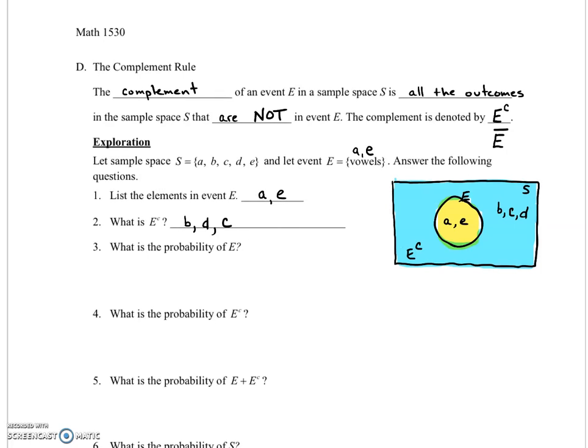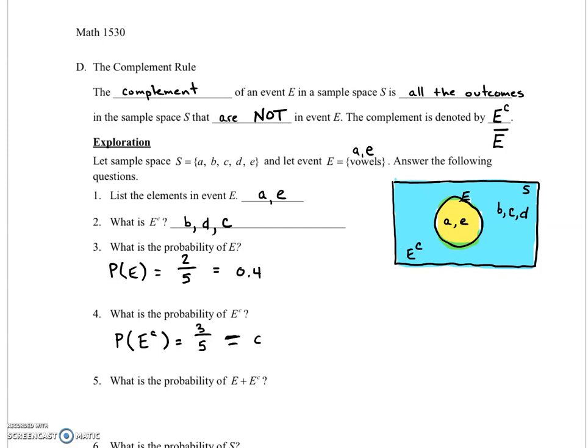Okay, so what is the probability of E? Well, remember, it's the number of things in E divided by the total number of things in the sample space. So that's 2/5, which is 0.4. What's the probability of the complement? Well, the probability of the complement of E, there are 3 things in the complement out of 5 total things.